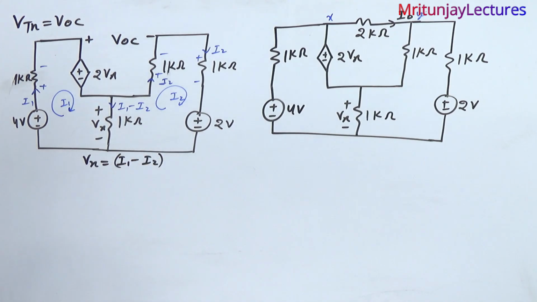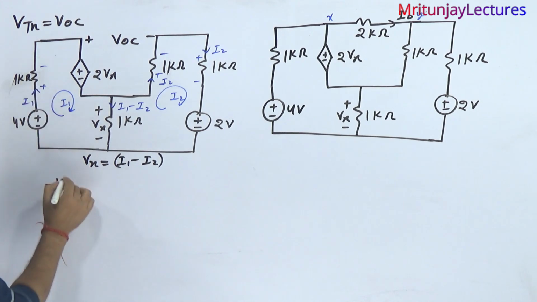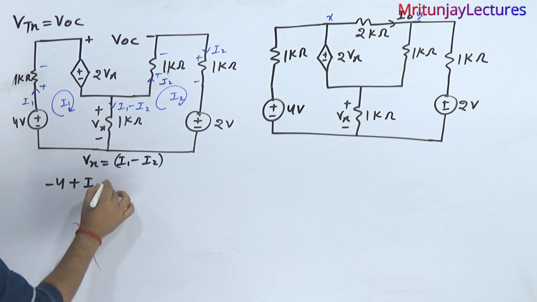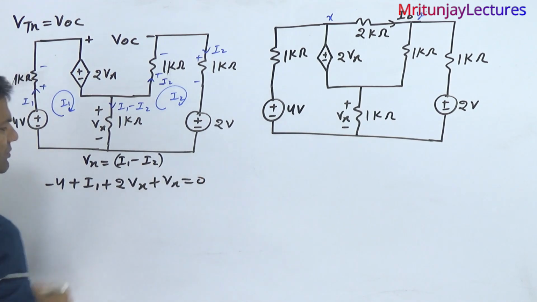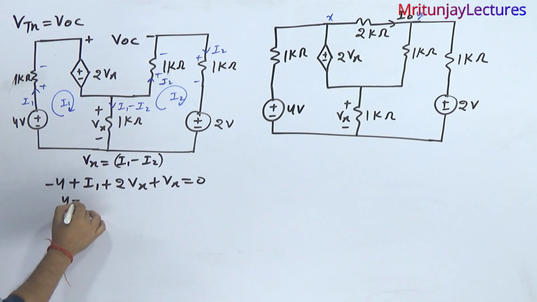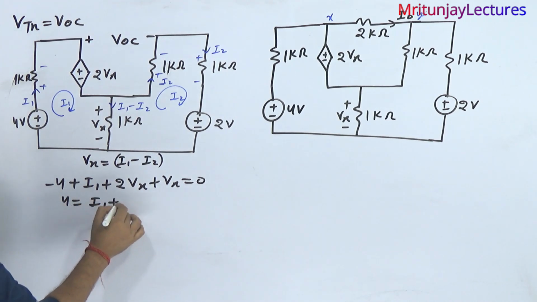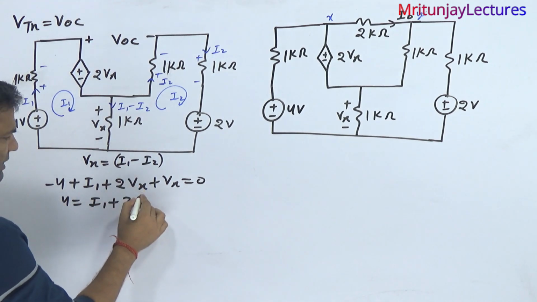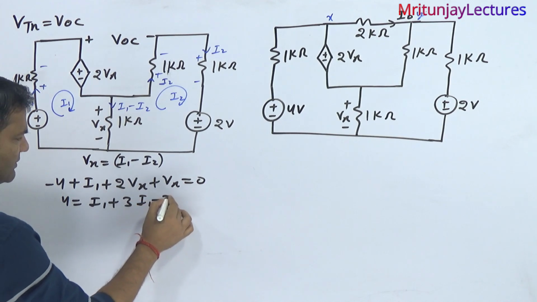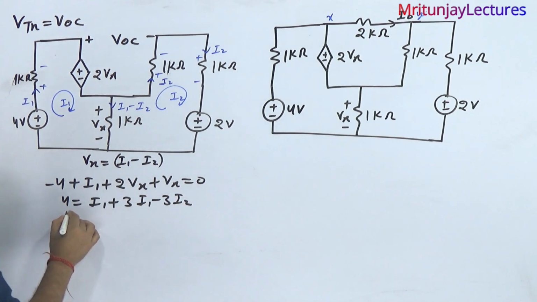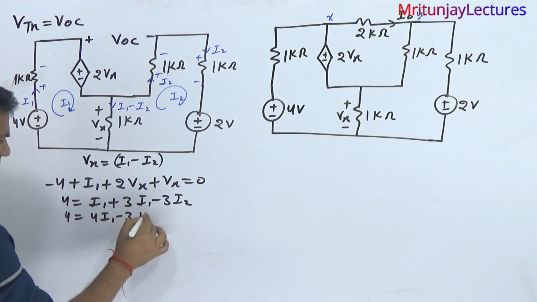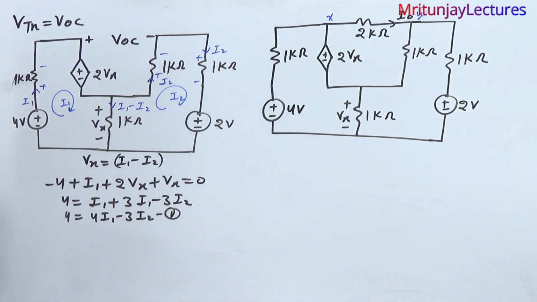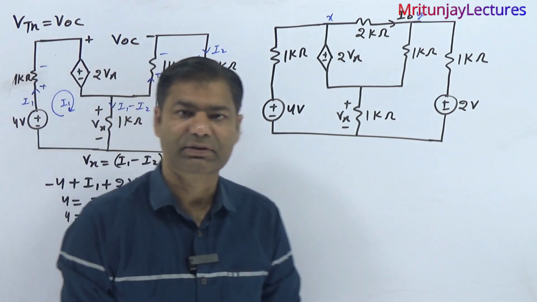Now going plus to minus: minus 4 plus I1 plus 2Vx plus Vx equals 0. So 4 equals I1 plus 3Vx. Vx means I1 minus I2 times 3, so 4 equals 4I1 minus 3I2. That is equation number 1.